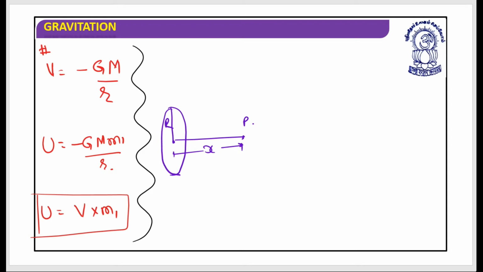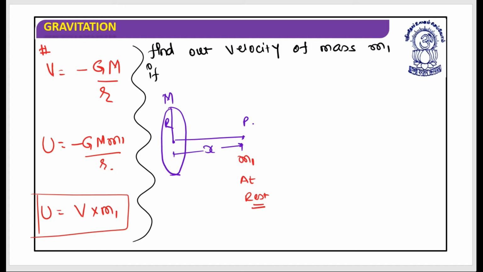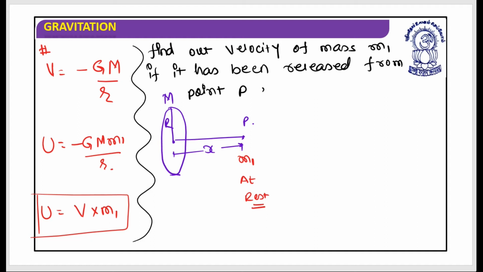Let's first write down its mass, it's M. Let's suppose mass m1 is initially at rest at point P. The question says find out the velocity of mass m1 if it has been released from point P and reaches the center of the ring.